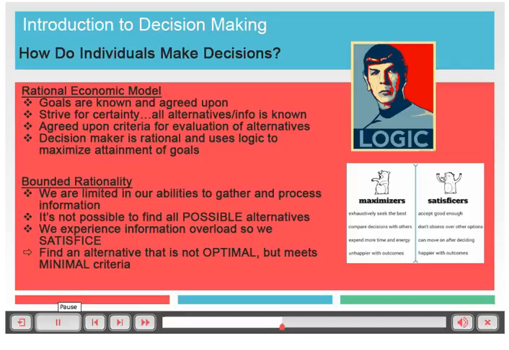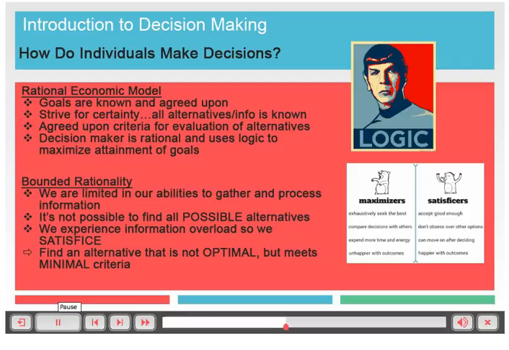And what does that basically mean? It means that because we are very limited in our ability to process and gather information, we tend not to make optimal decisions, but we find the one that is minimally satisfying. So satisficing, sufficiently satisfying us. So suffice or satisfice is the way we work it. We can't find all the alternatives. It's not possible.